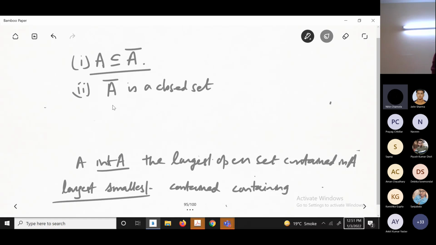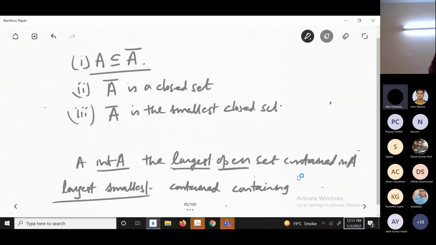Not only that, A bar is the smallest. Open should be replaced by closed. Closed set containing.